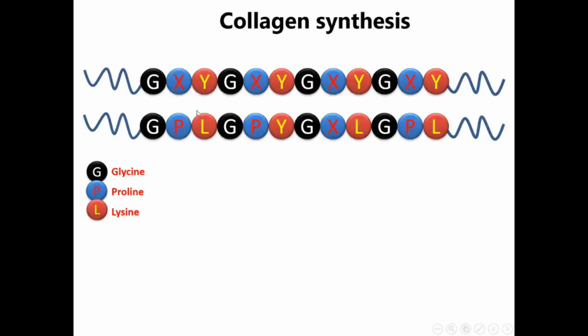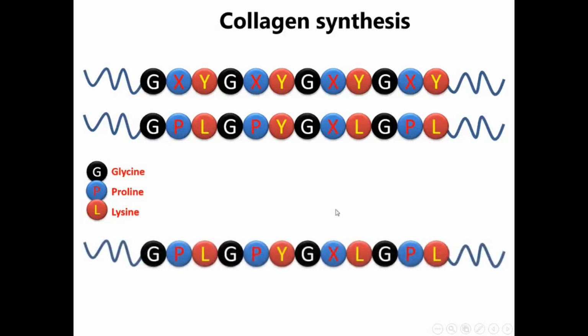After formation of the alpha chain polypeptide, or pro-collagen alpha chain, in the next step we have hydroxylation of proline and lysine. You can see a hydroxyl group added to the proline and lysine by two enzymes, proline hydroxylase and lysine hydroxylase.